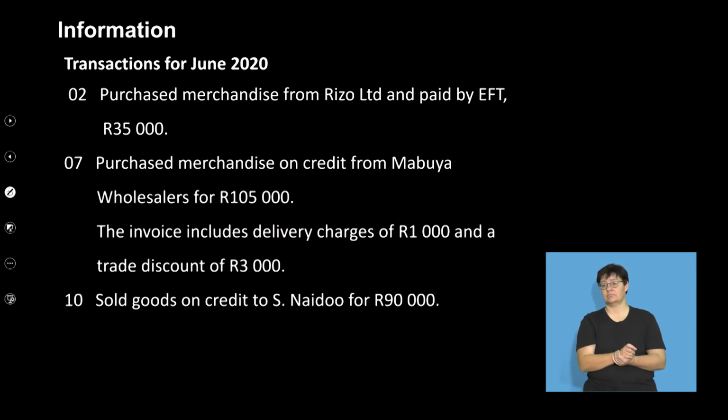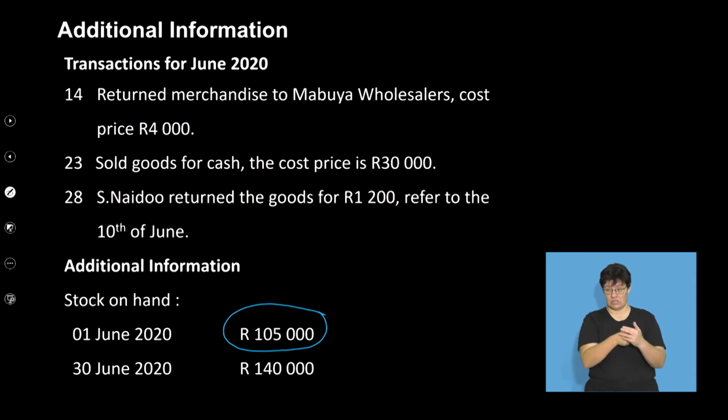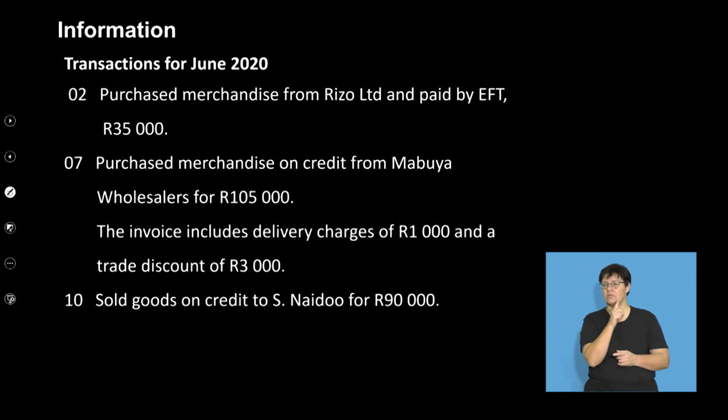Let's identify it, right? Then we purchase merchandise on credit for 105,000 Rand. So there's my 105,000 Rand there. Remember, I'm working out my net purchases. Okay, then let's just tick off as we go. So we've dealt with that one. We've dealt with that one. This invoice includes delivery charges of 1,000 Rand and a trade discount of 3,000 Rand.